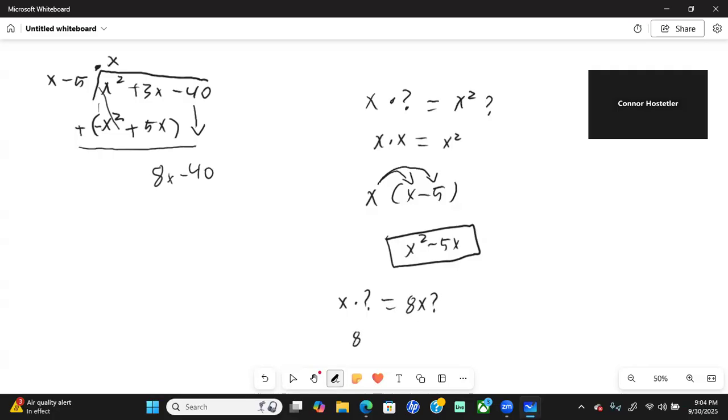Well, 8 times x equals 8x. So let's add 8 here. So now I have 8 times x minus 5. This is going to distribute everywhere. That's going to be 8x minus 40.